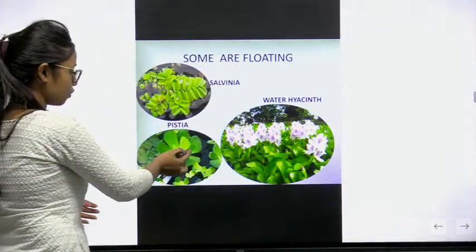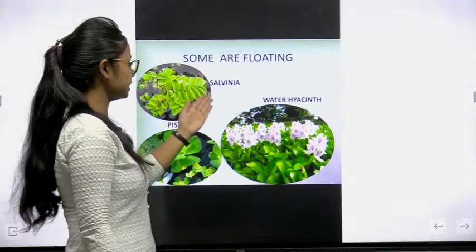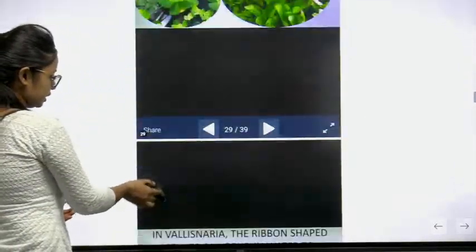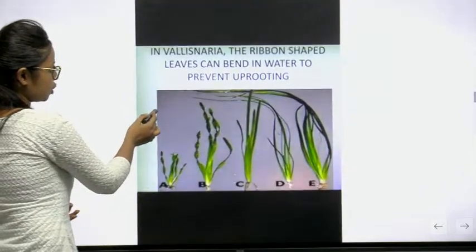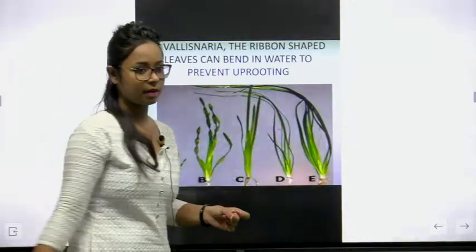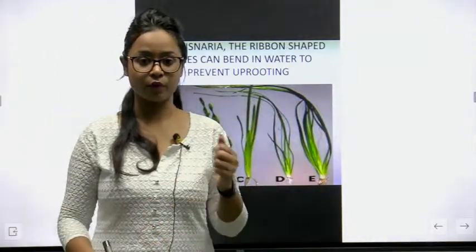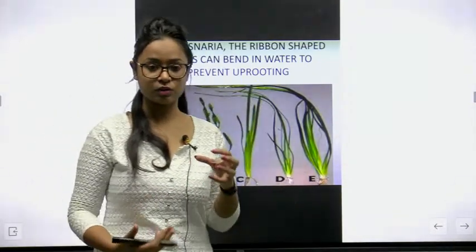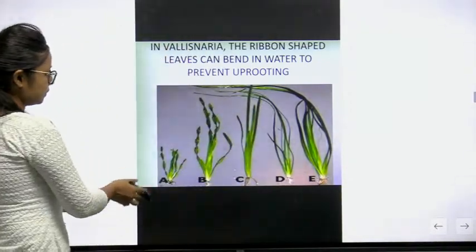So the floating plants are Salvinia, lotus, water hyacinth, and pistia. And second, if we talk about Vallisneria, their leaves are ribbon-like so that they are protected from being uprooted. Why? Because their stems are deep inside and fixed to the soil. Clear?